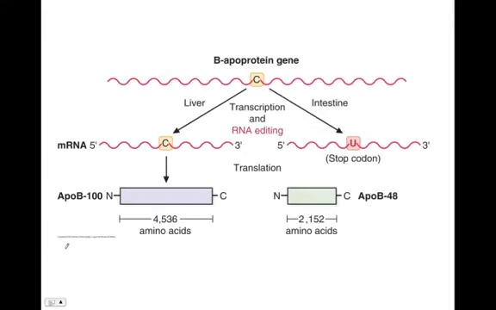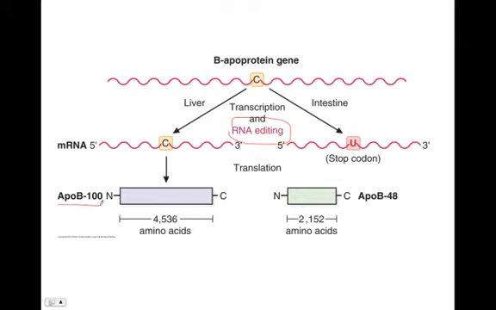Just to refresh your memory from many moons ago, the apoprotein genes are translated into different proteins using the process of mRNA editing. Remember, this is where a single nucleotide is changed to introduce a stop codon.